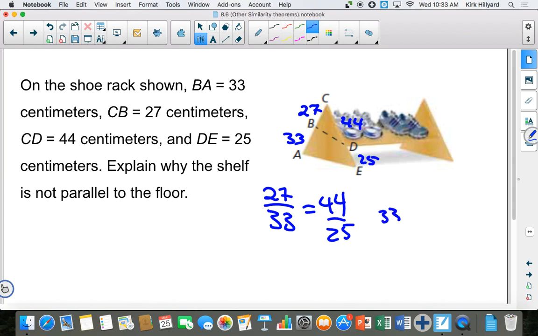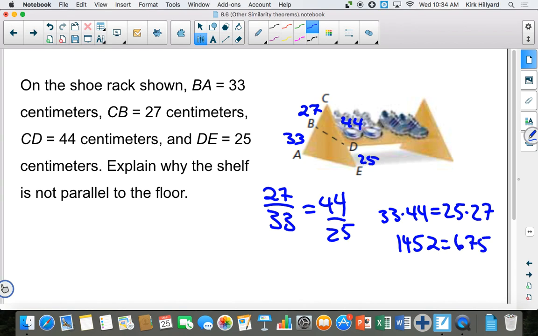So 33 times 44 has to equal 25 times 27. You're just looking at it. These two are both smaller than these two, so there's no way that that's going to be equal, but we'll just multiply it out. 1452 and 675.